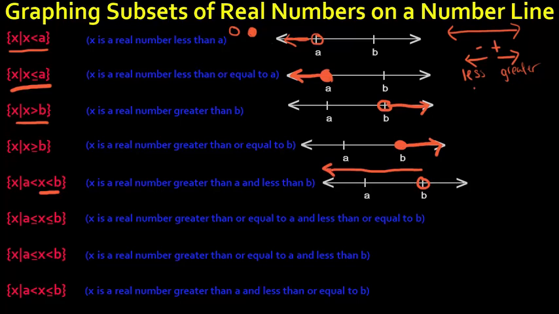And then the other half, now it says a is less than x. And sometimes people will just graph that as saying, okay, I'm going to find a, and it says less than. But really, it's backwards. It's saying a is less than x. So really, x is greater than a. You want to flip that so you'll read it from the center to the left.